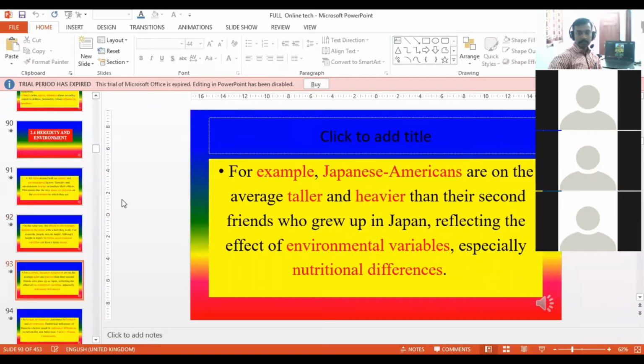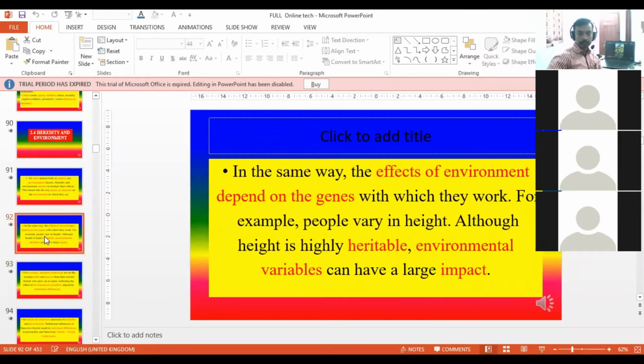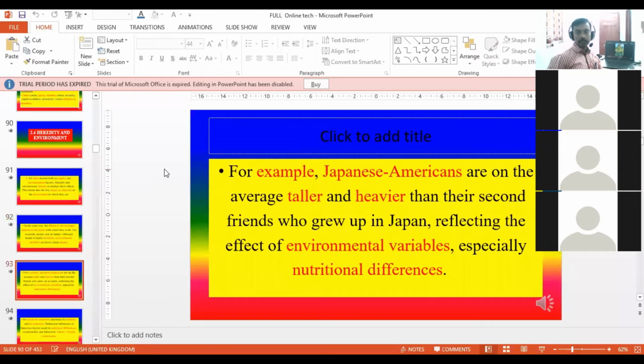For example, this is one of the classic examples: Japanese Americans. As we know, Japanese people are short and thin, but Japanese Americans are taller and heavier than those who grow up in Japan.